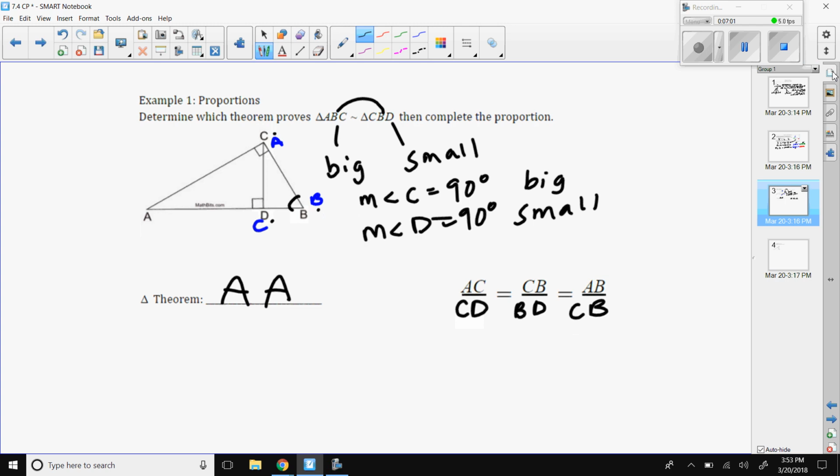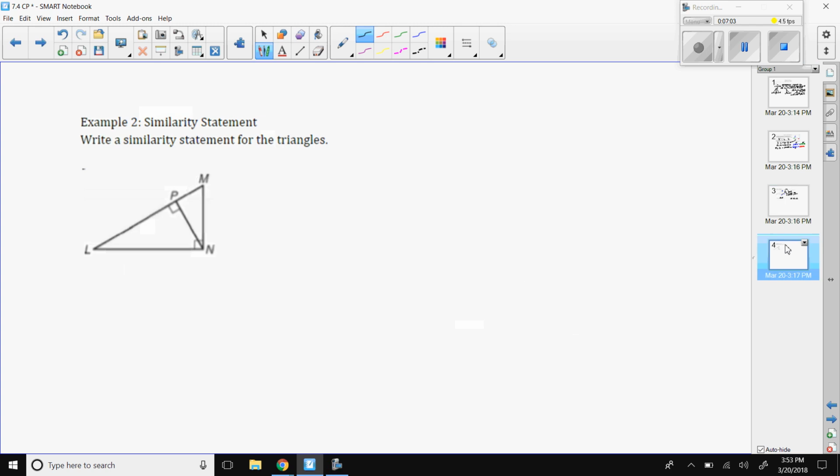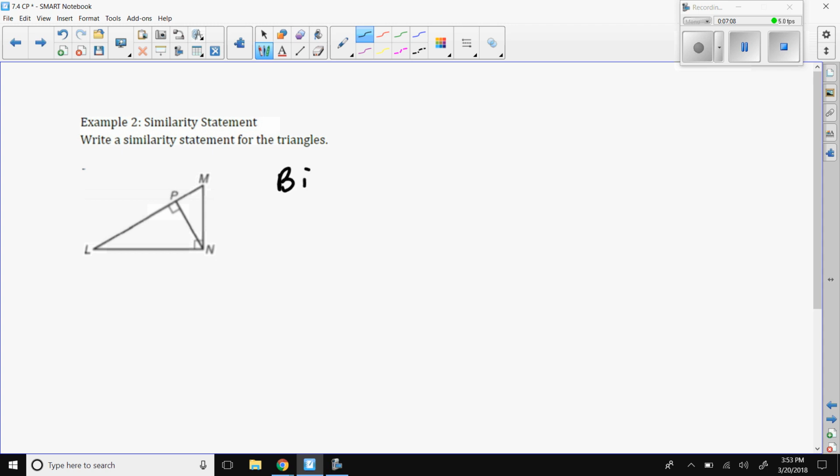And the last one: write a similarity statement for the triangle. So we have options here. We want to go big to small. We also can go big to small-ish, the medium-sized one.